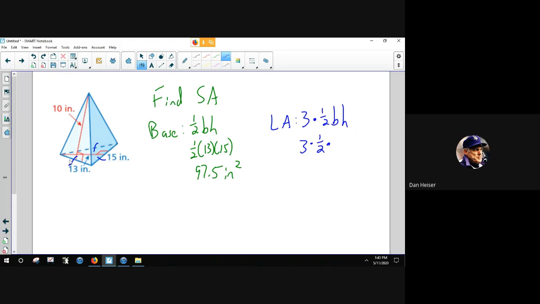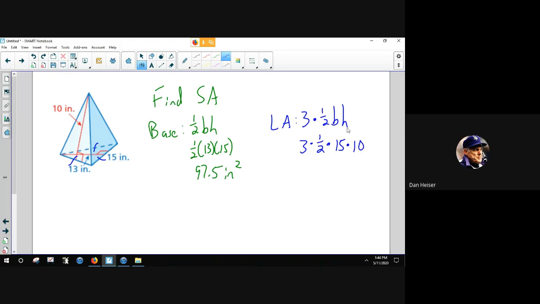We know that each of these sides is 15 inches. This height is really L. Height of this triangle is the slant height of the pyramid.